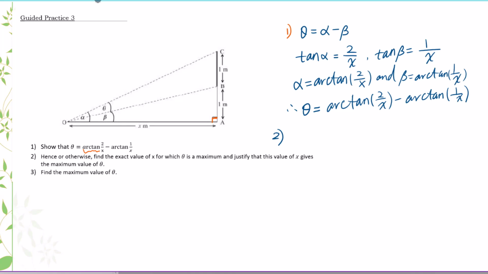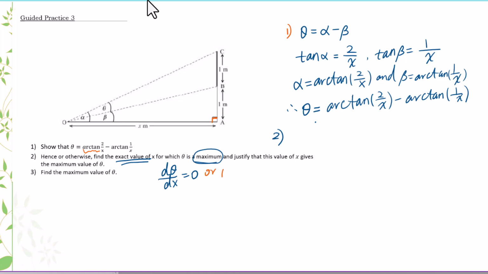Hence or otherwise find the exact value of x for which theta is a maximum. Theta is a maximum means d theta dx equals 0 to solve for this x.